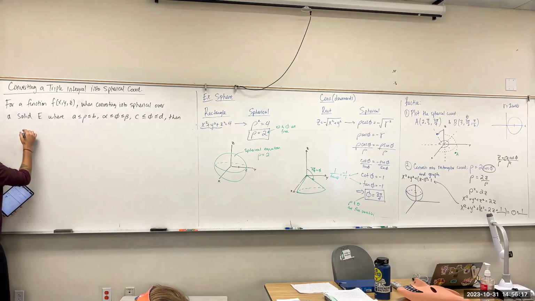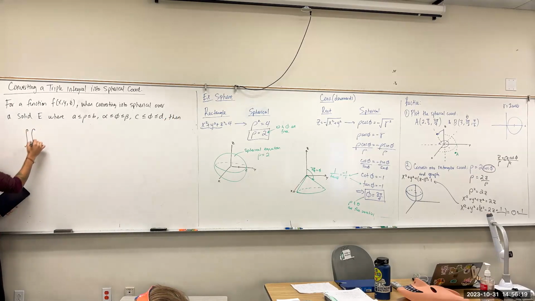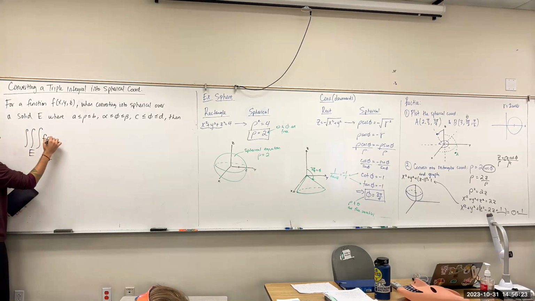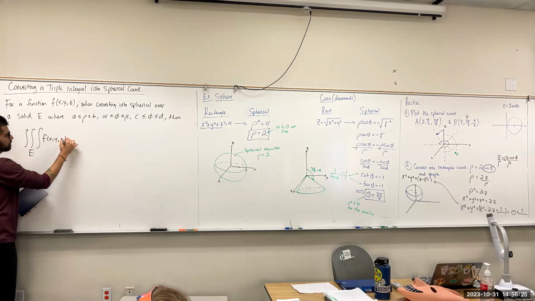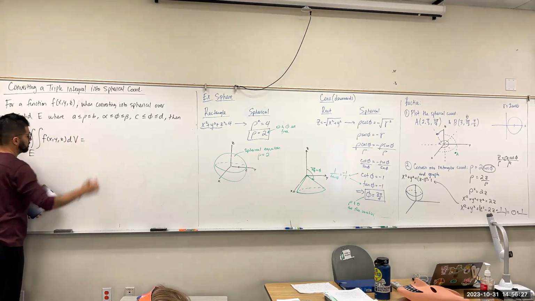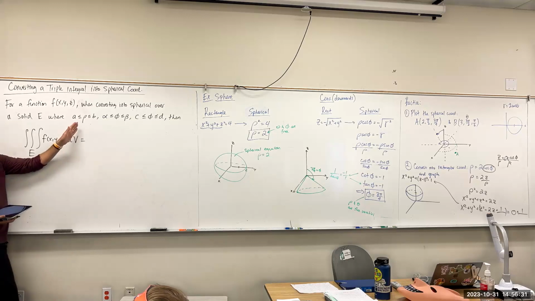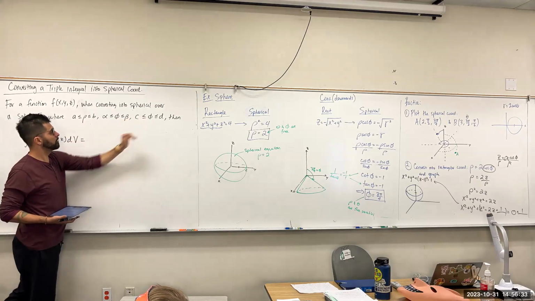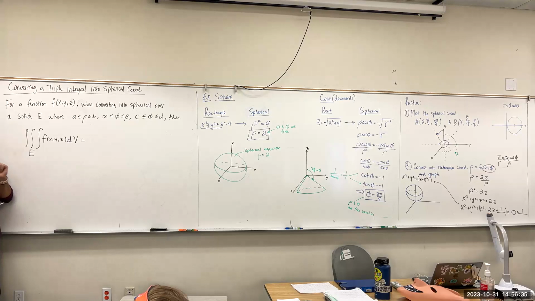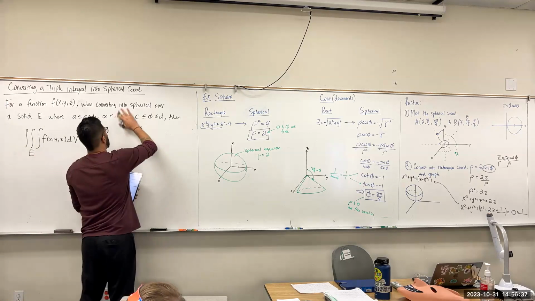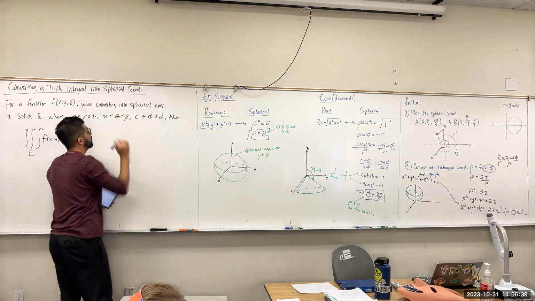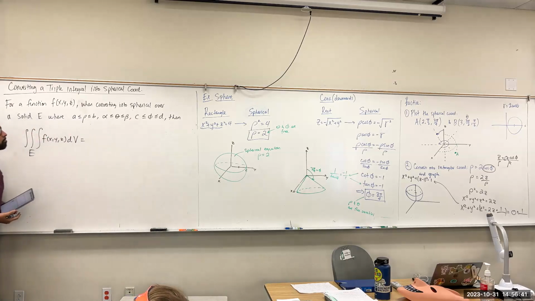Then we're going to get your triple integral here. If these are the things that are bounding your solid, I wrote phi twice, sorry about that. Thank you. Yeah, theta should be between alpha and beta.